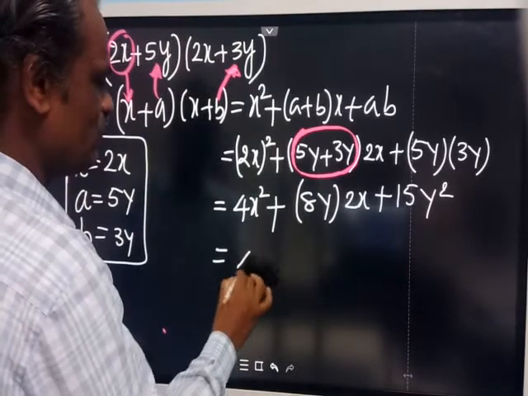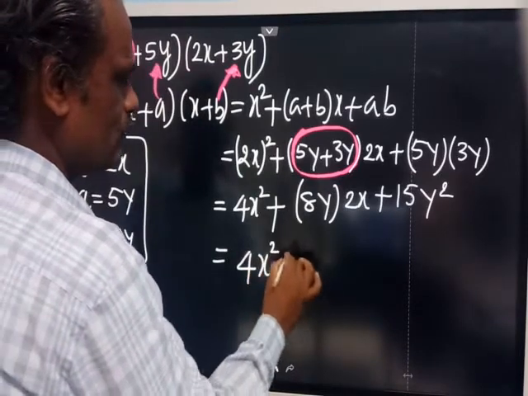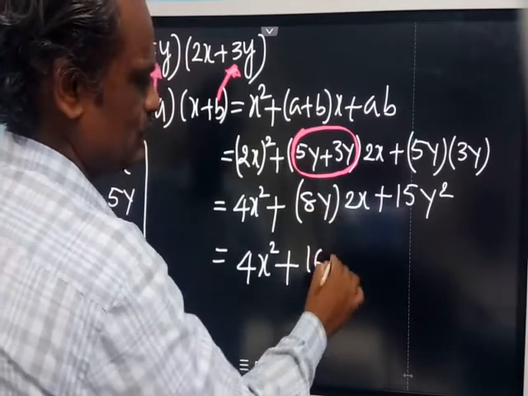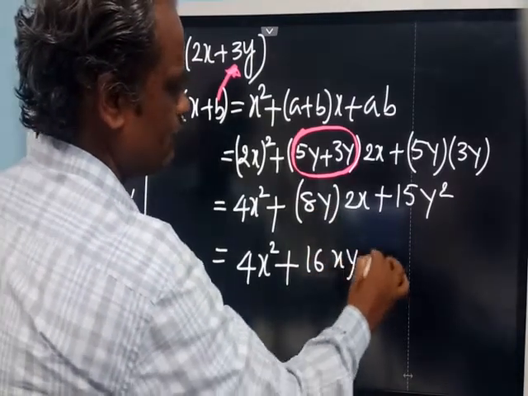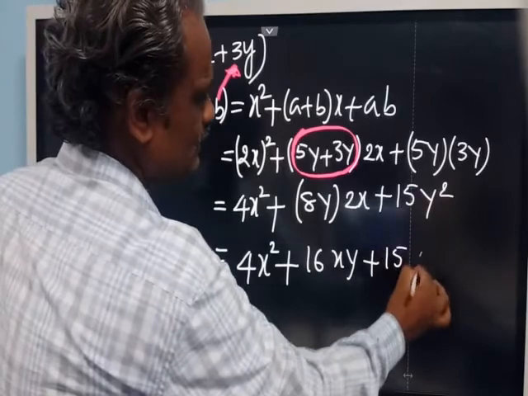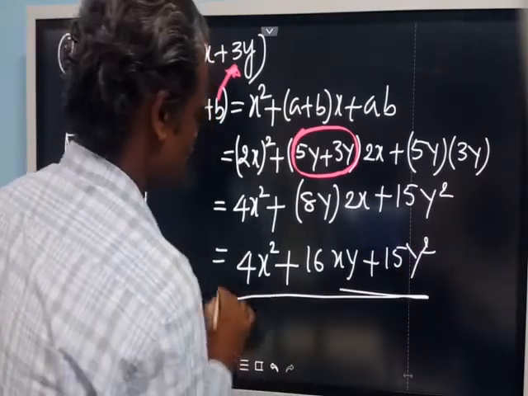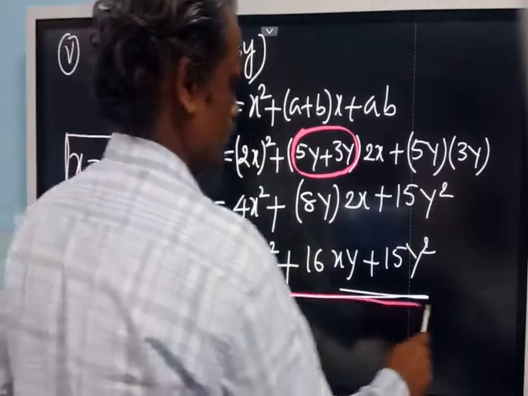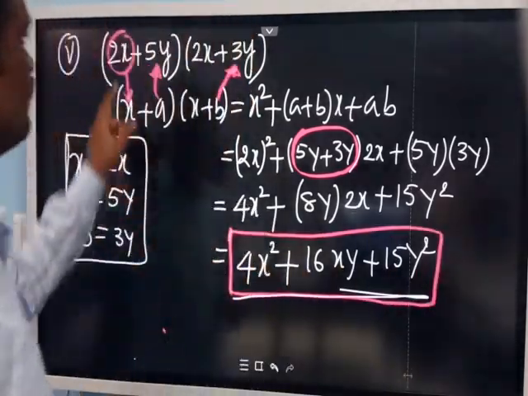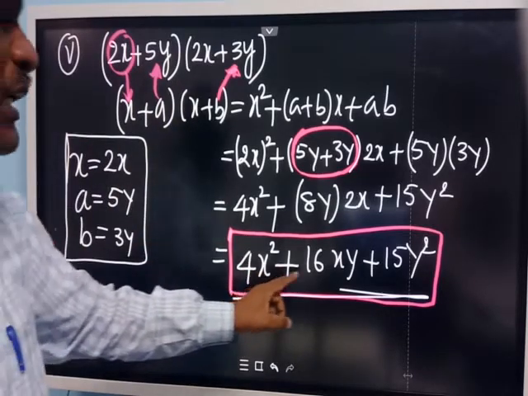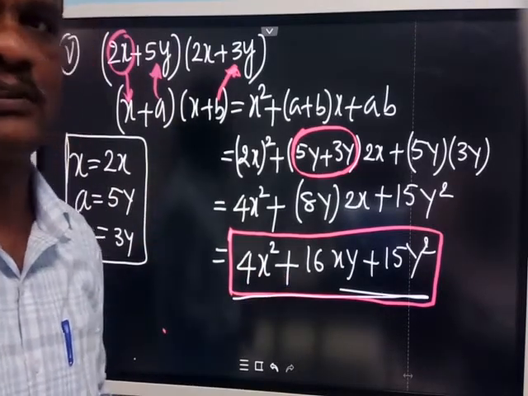Once again you can simplify here, 4x square plus 8 twos are 16, y into x, or you can write xy, plus 15y square as it is. So this is the solution. The product of 2x plus 5y and 2x plus 3y is 4x square plus 16xy plus 15y square.